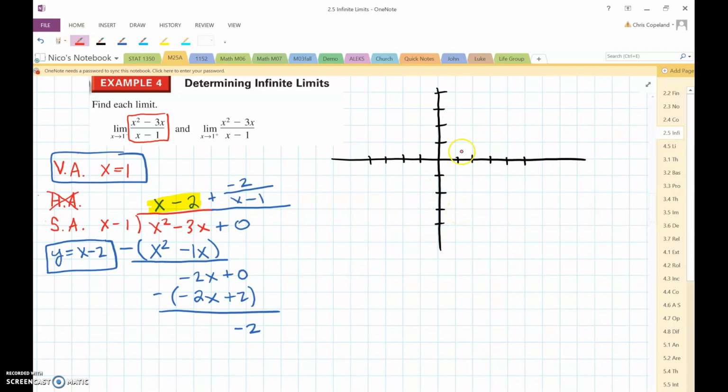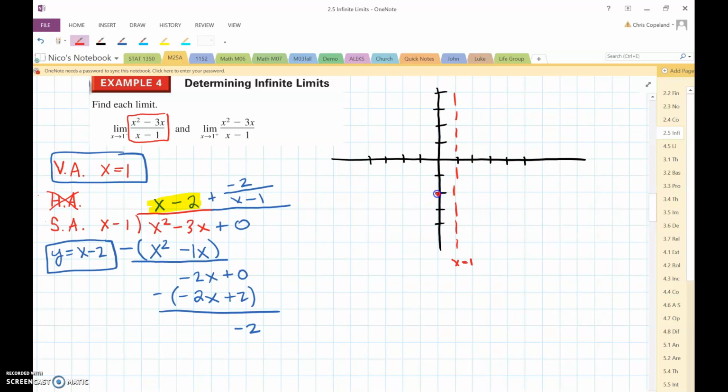So vertical asymptote at x equals 1, and slant asymptote at y equals x minus 2.